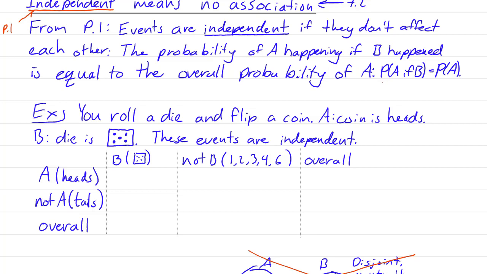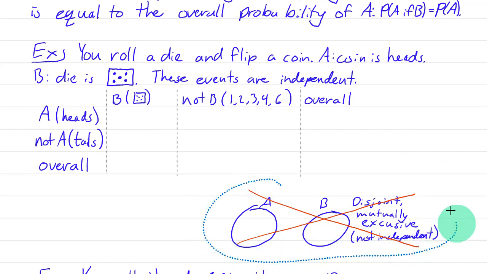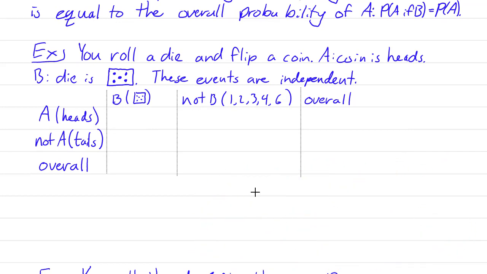So with that in mind, let's do some math here. Let's fill in what this means with the actual numbers. So first of all, if you want to get just the probability of A, the probability of A means the probability that the coin will be heads. And if it is a fair coin and you flip it, half of the time it's going to be heads.